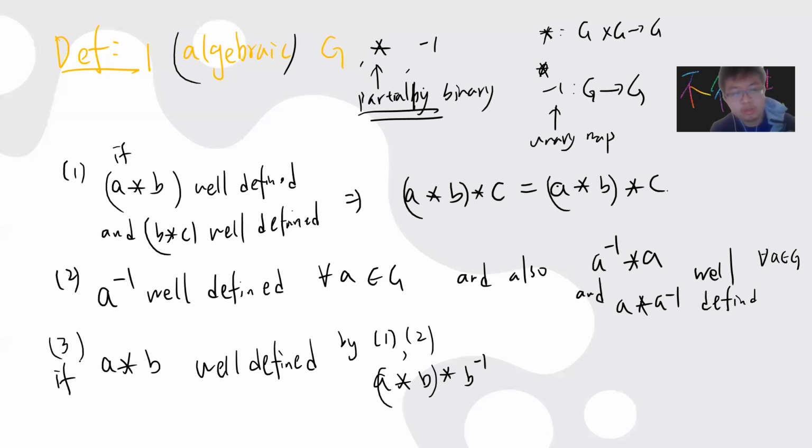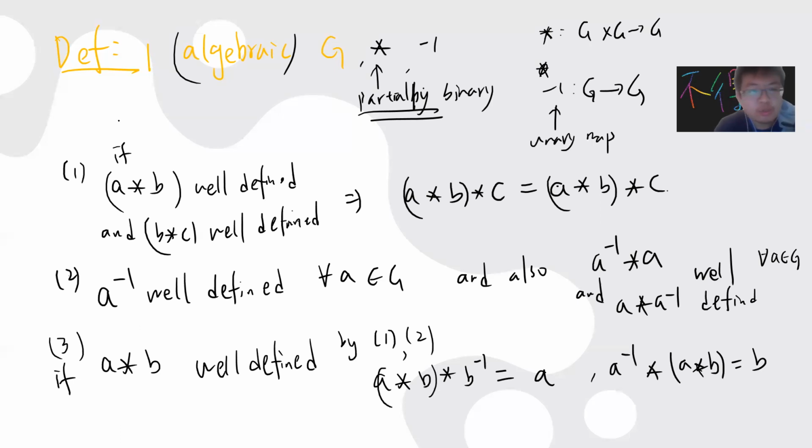The requirement 3 tells you that this must equal A. It's very intuitive. And also A inverse star A star B needs to be B. So this is the definition of the groupoid.